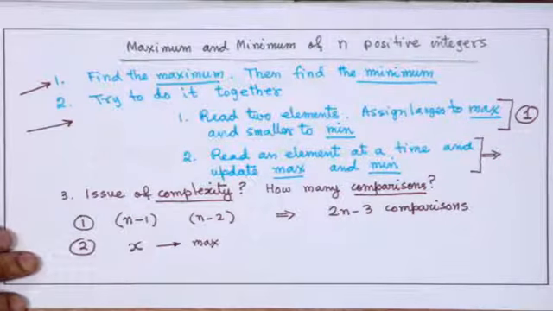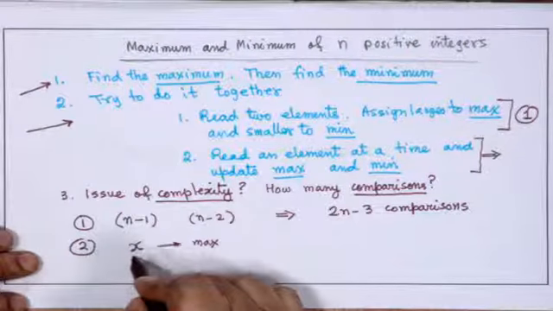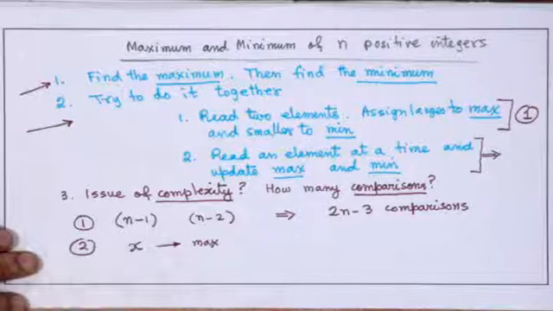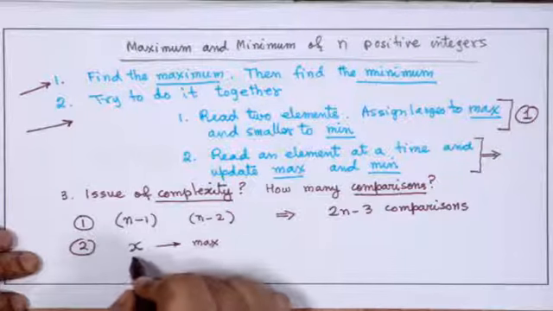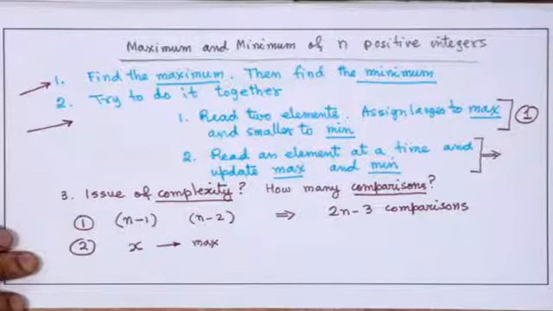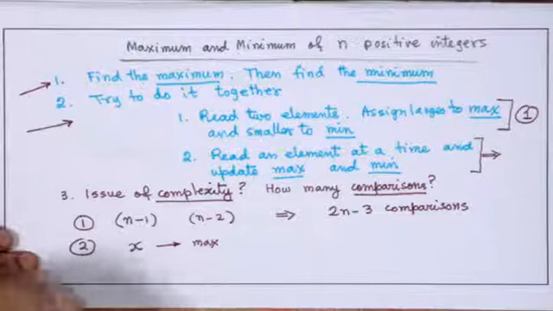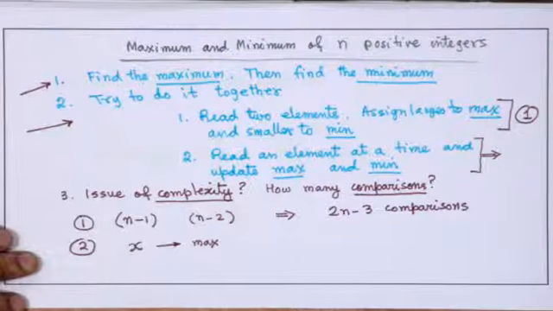If x is greater than max, then obviously they would assign x to max, and whatever is the current max would be removed. On the other hand, if x was less than min, they would assign x to min. So, in the worst case, they would have to do both the comparisons, because x would probably neither be greater than max nor be less than min.